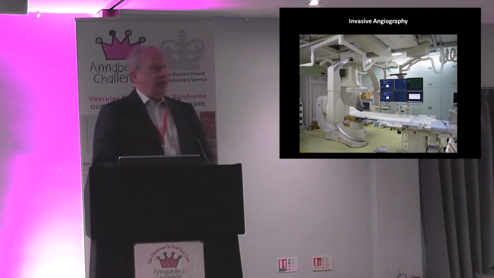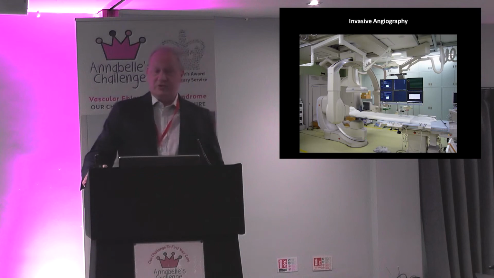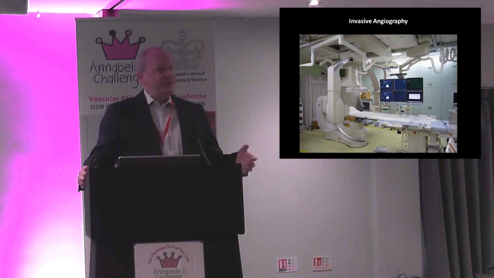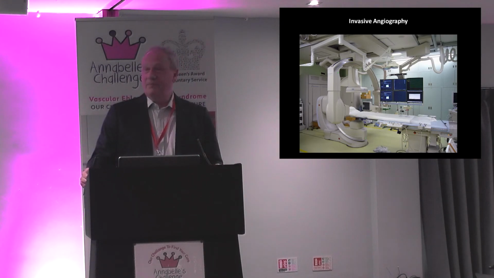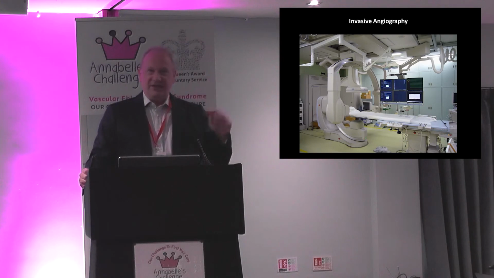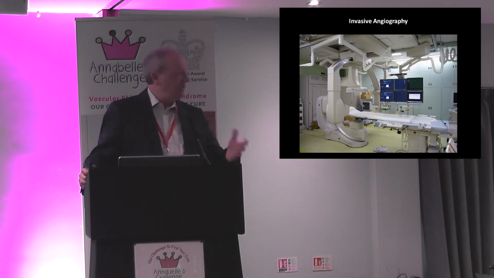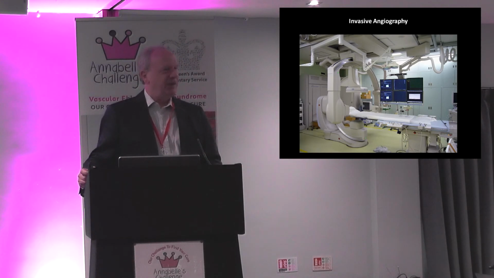Invasive angiography is used a lot. I do a lot of it for the coronary arteries, but it can be used for any artery. But this involves putting catheter tubes into a peripheral artery, usually leg or arm, and then passing tubes up to the territory in question and injecting contrast dye, taking X-ray pictures.